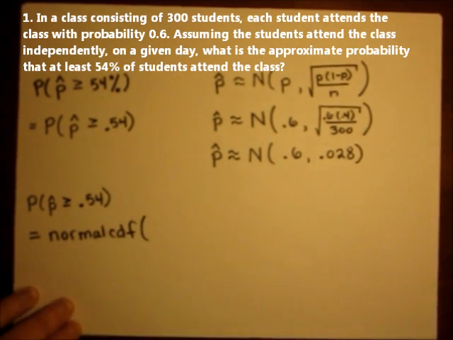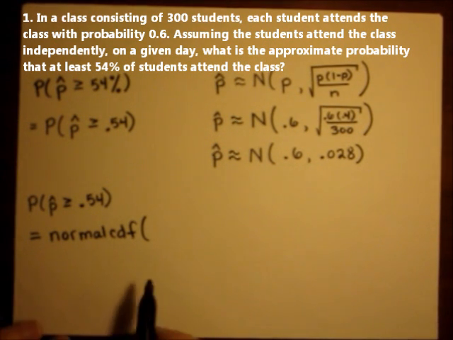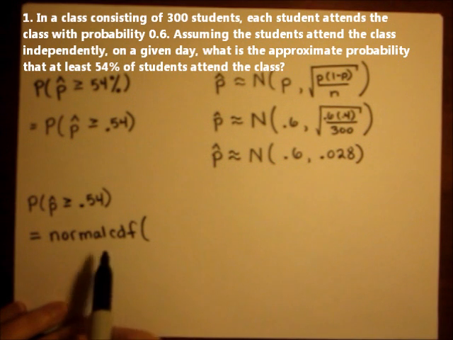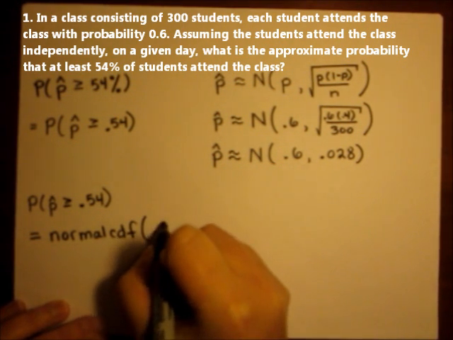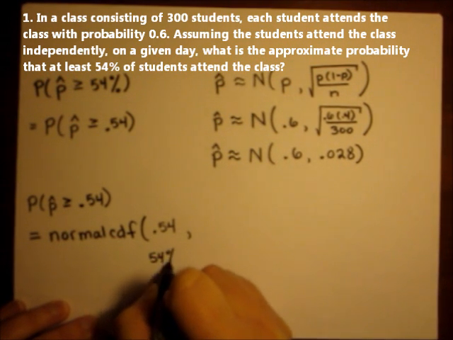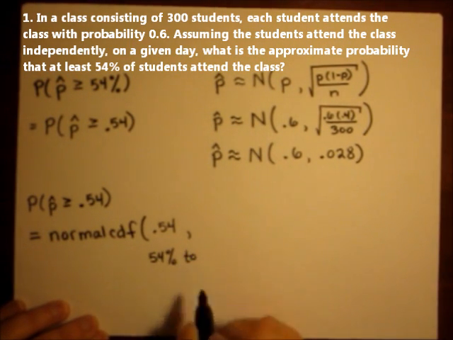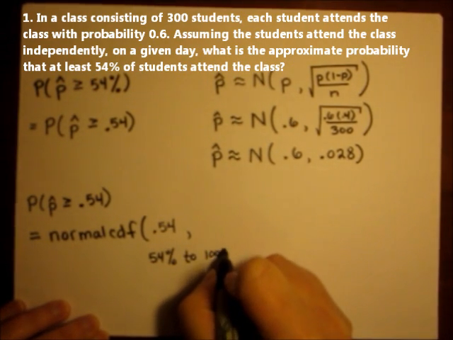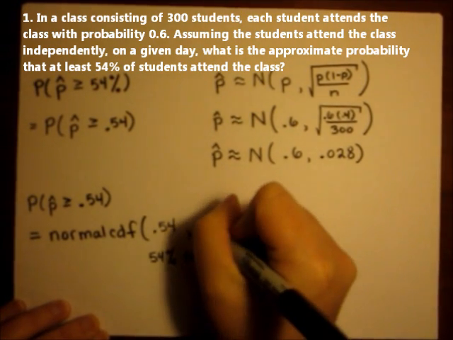Now, normal CDF will always have four numbers. The first two are always going to be the low and the high. So the low number is 54%, or 0.54. So I'm saying I want to go from 54% to the biggest possible proportion, which is 100%. And 100% as a decimal is a 1.